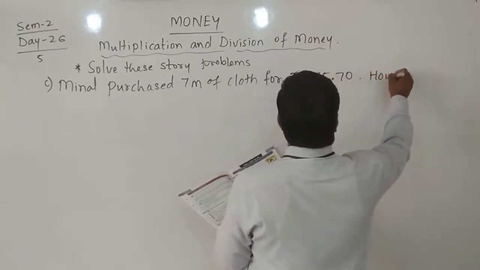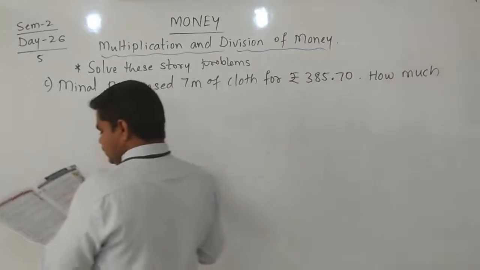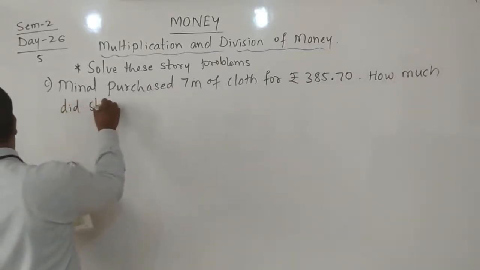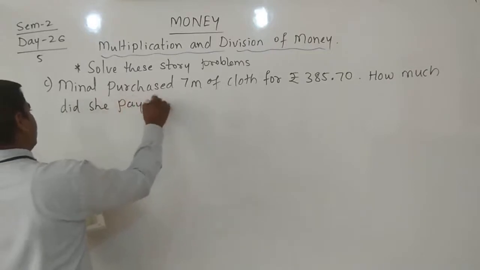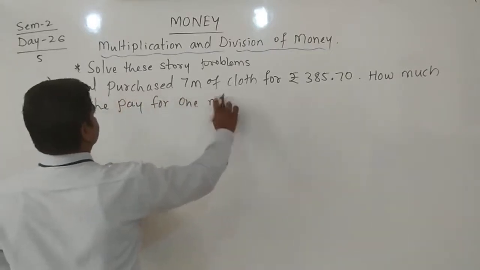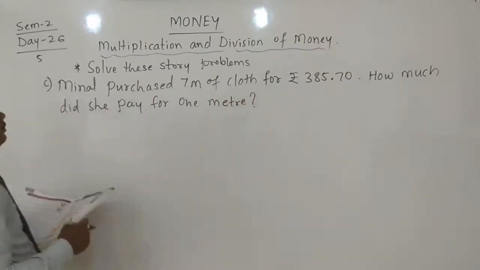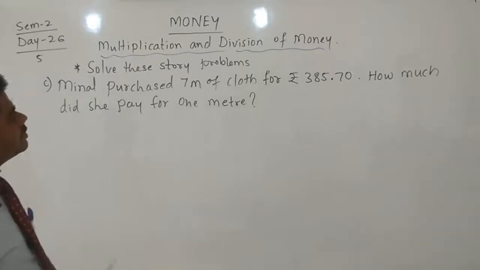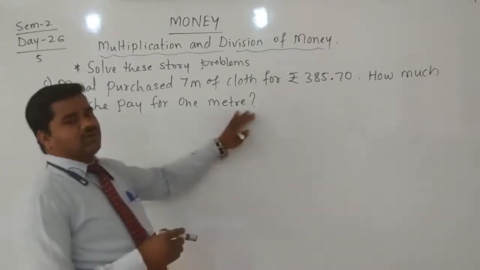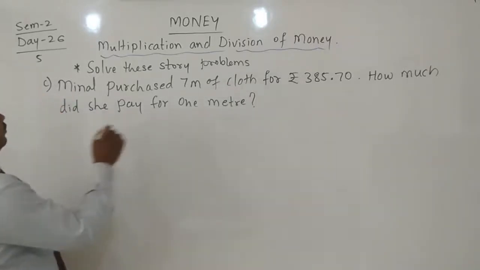How much did she pay for 1 meter? Here also many to 1. Many to 1 means here 7 meters is there. You find the 1 meter's cost. The 7 meter cost is 385.70. Find the cost of 1 meter.